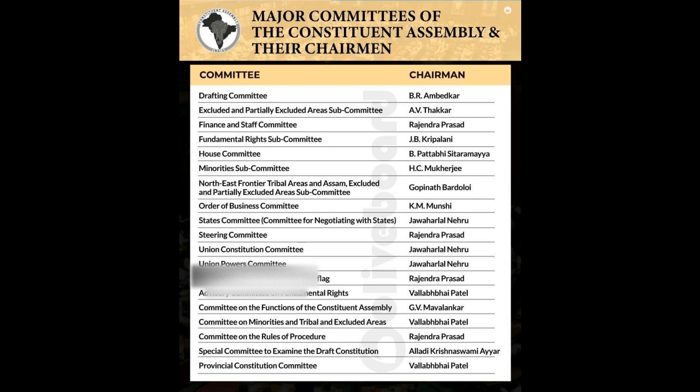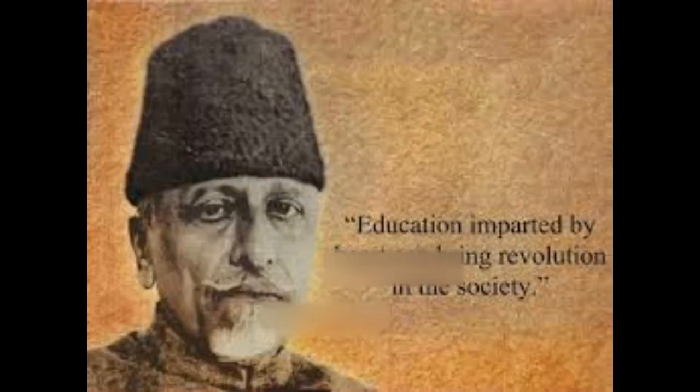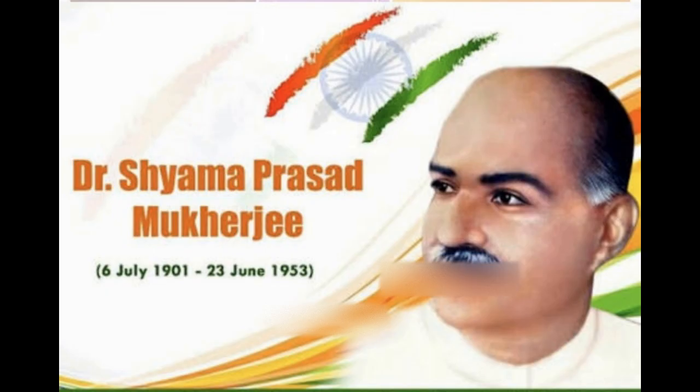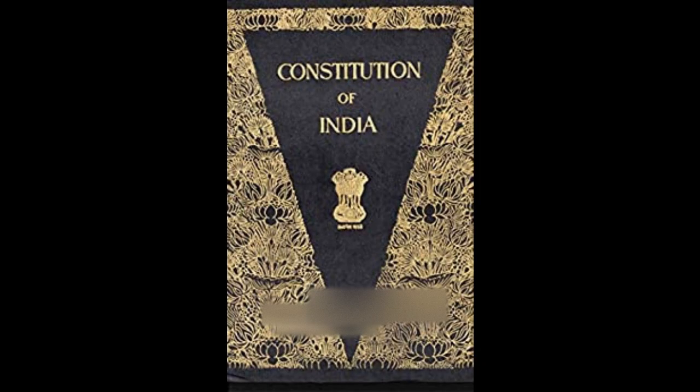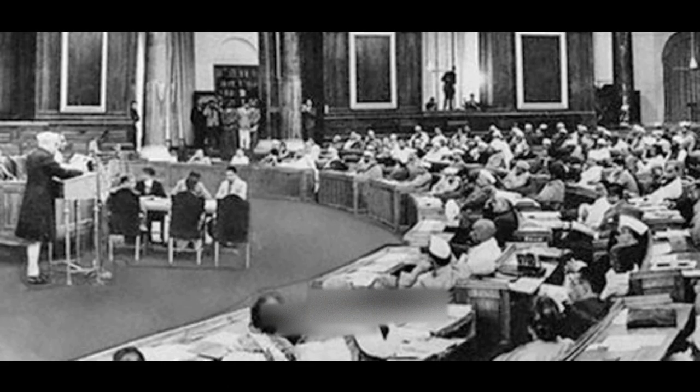These committees were headed by important figures like Sardar Vallabhbhai Patel, Pandit Jawaharlal Nehru, Maulana Abul Kalam Azad, and Shyama Prasad Mukherjee. The Constitution of India was passed in the Constituent Assembly on 26 November 1949 and came into effect on 26 January 1950.